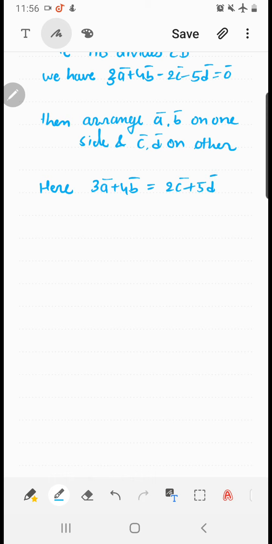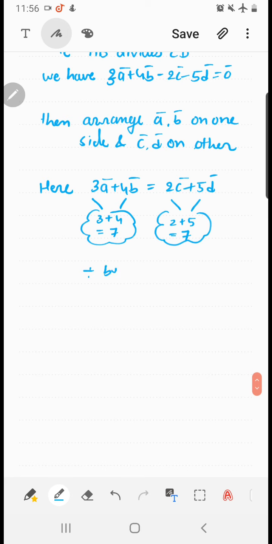Here, if you see nicely, the coefficients, if I add, I get 7. Here also if I add the coefficients, I get 7. So with this thought, I divide by 7 on both sides.